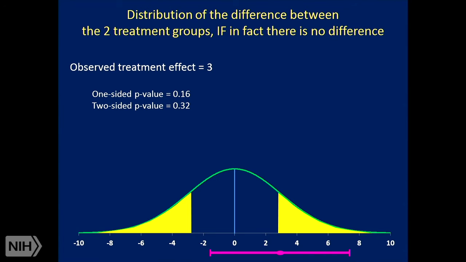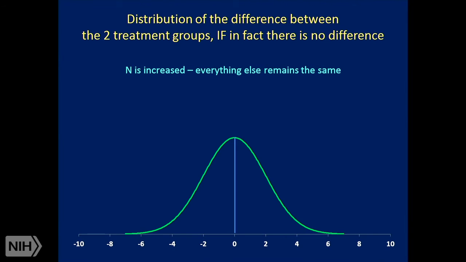Okay, so now I'm going to keep everything the same. We get the same treatment effect, same everything, just the sample size is increased. So same variability of the data and same treatment effect, 3. But because the sample size has increased, the standard error of the difference has gone down, and you notice the curve has gotten thinner and higher.